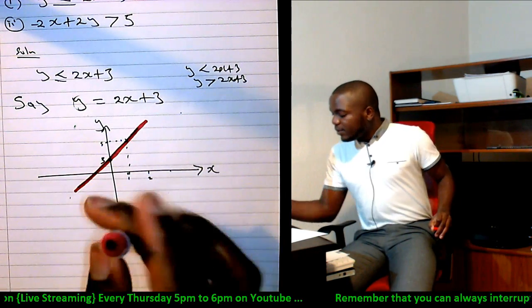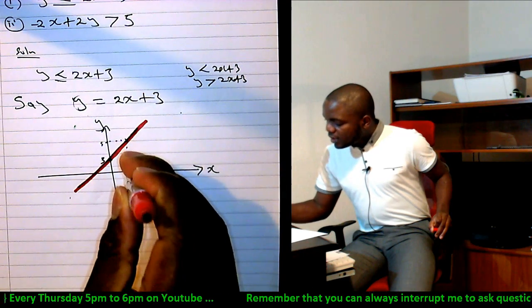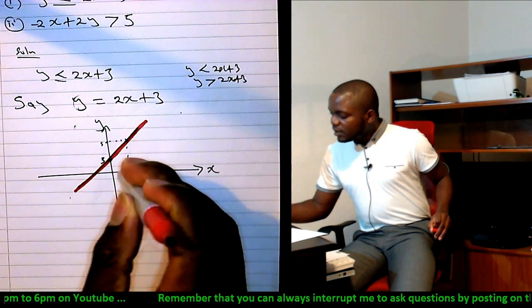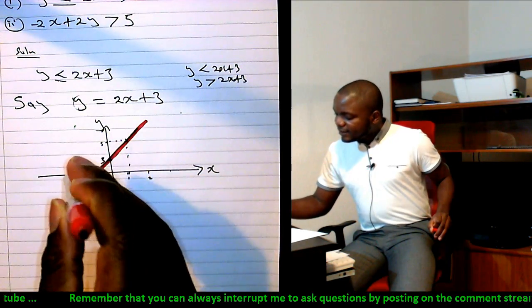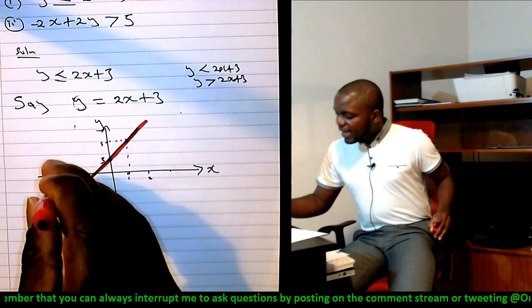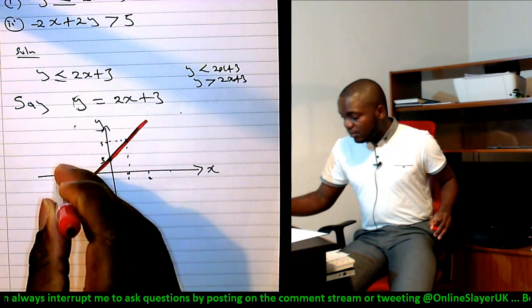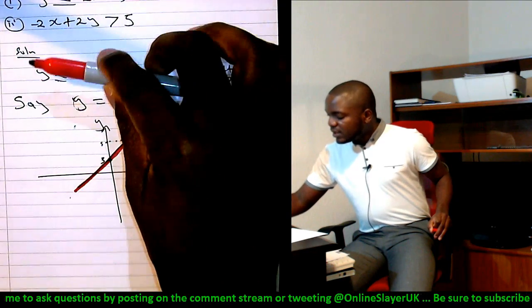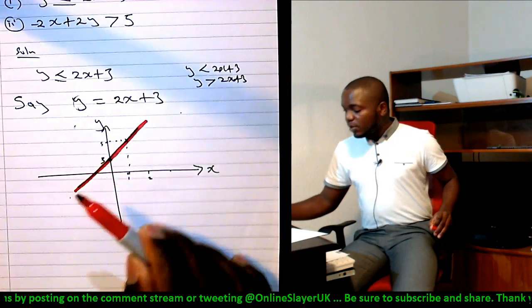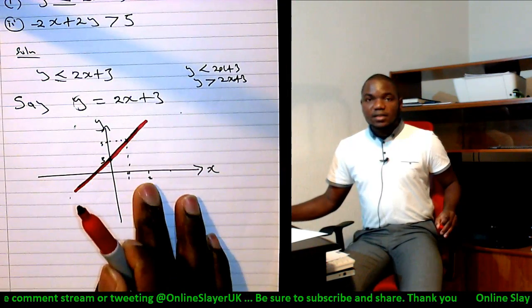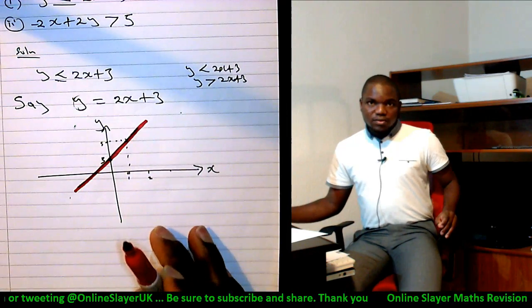If I choose a point here where x is 1 and y is 0, or a point here where y is 0 and maybe x is minus 10, if it agrees with this inequality sign, then I'm going to shade the entire region which agrees with the inequality.